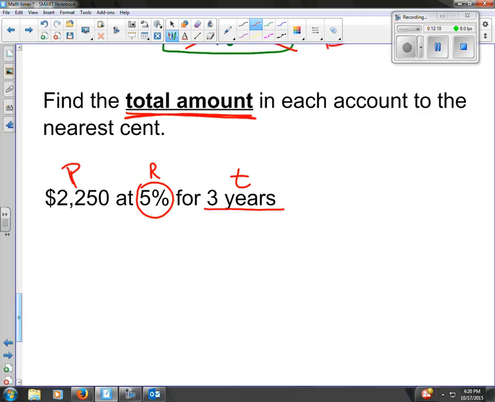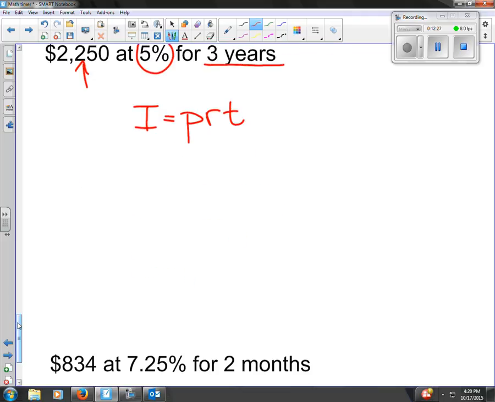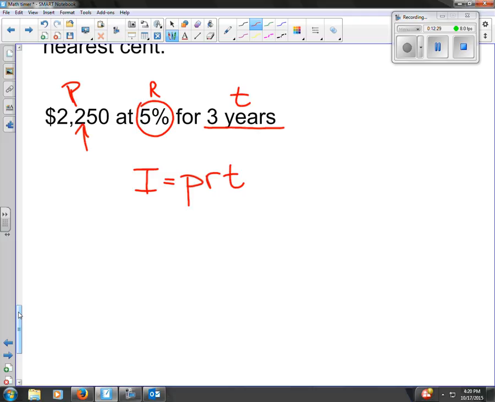Once you get the I, you'll have to add it to this 2,250. So I equals P times R times T. I equals the principal, 2,250, times your R. Remember, you've got to put it as a decimal, 0.05, and then times 3.